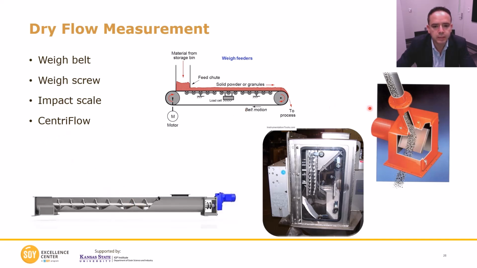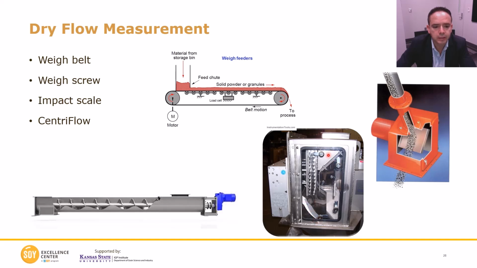Then you have this impact scale. Basically, the feed is coming from the cooler, falling through a transition, and this transition is hitting this impact scale, and then you can calculate that way how much pellets are going through the system. And then you have the Centriflow, which is the system that we have in our feed mill, and you can see here the Centriflow.